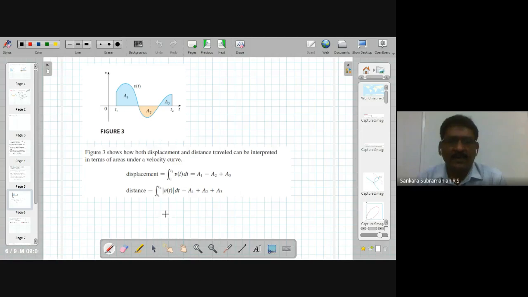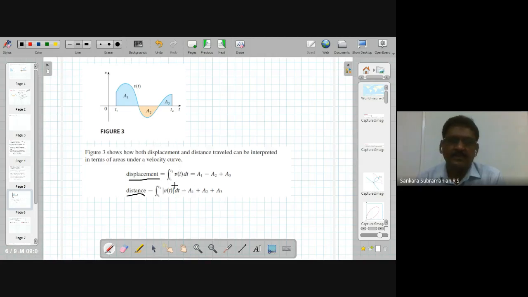And if I want to talk about displacement, I have to add the negative quantity: A1 minus A2 plus A3. And if I want to talk about the distance, it should be taken as an absolute value: A1 plus A2 plus A3.